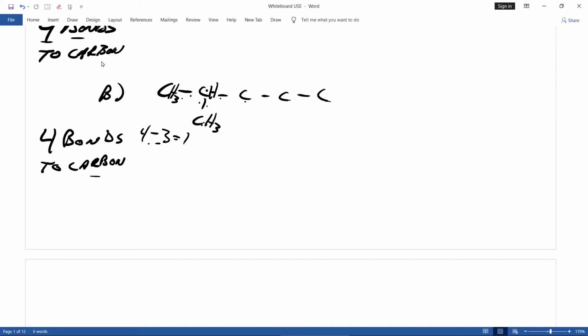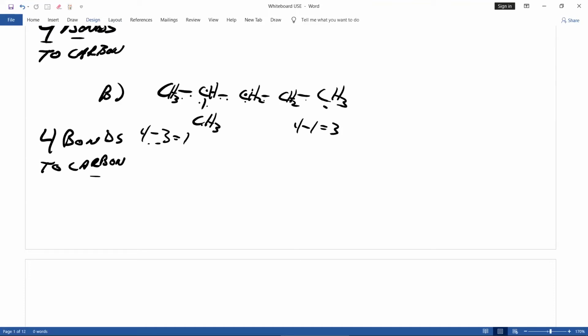This carbon has 2 bonds to it. Count the lines. 4 minus 2 is 2. Same thing here. And this carbon right here has 1 line or bond. 4 minus 1 equals 3. And that's how you do it. Oh, let's do another one.